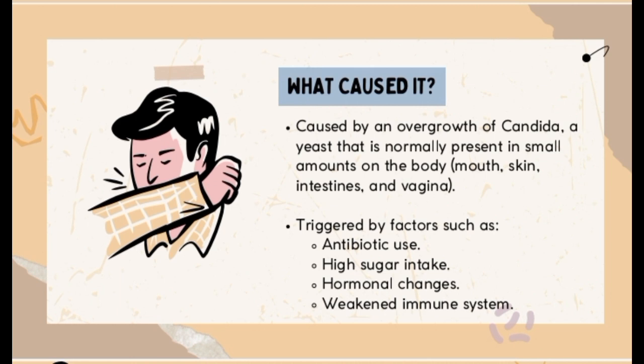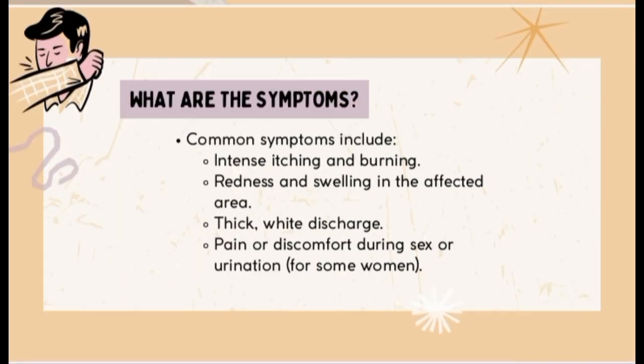Candida is also normally present in small amounts in the vagina, so that's why it most often affects women. The factors that can trigger an overgrowth include taking antibiotics, high sugar intake, hormonal changes, or a weakened immune system.